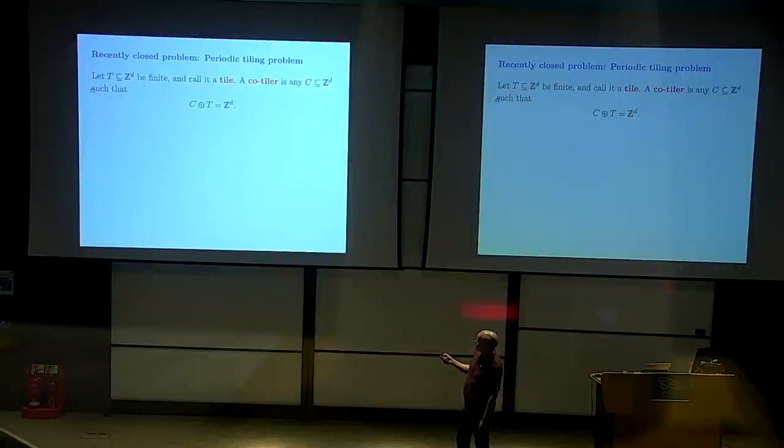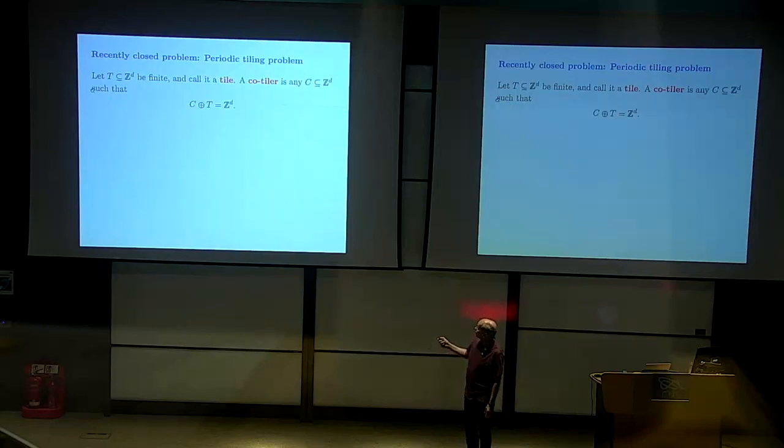Now we are in any dimension d, and a tile here would be a finite subset of cells. Again, it's a tile that does not need to be connected, it just has a finite number of cells. And then you are tiling the group Z^d just by translating copies of this single tile. You're not rotating it or anything, just translations.